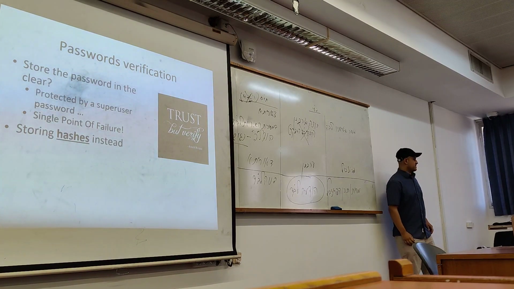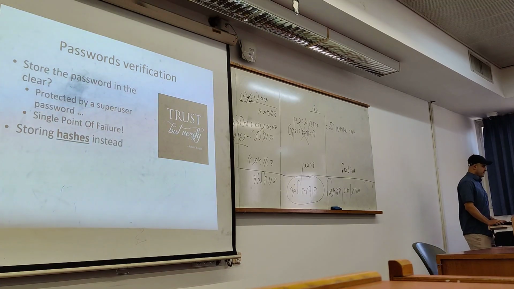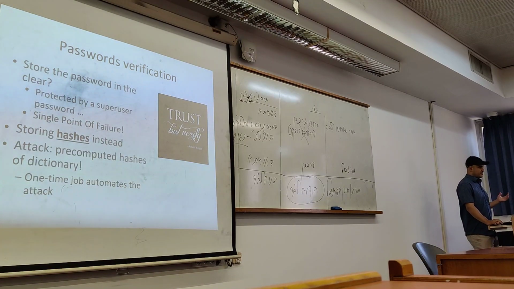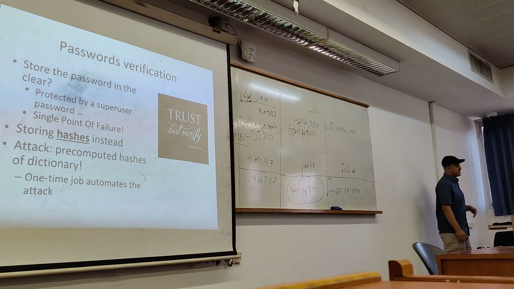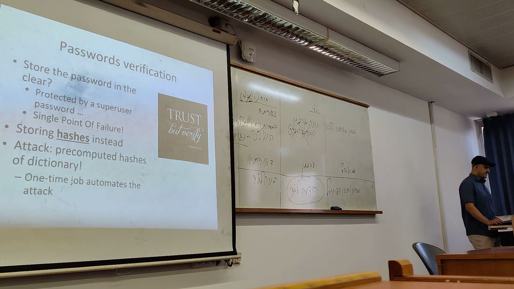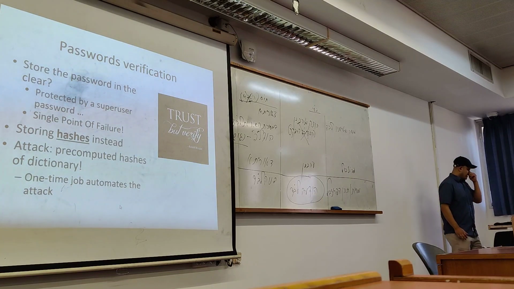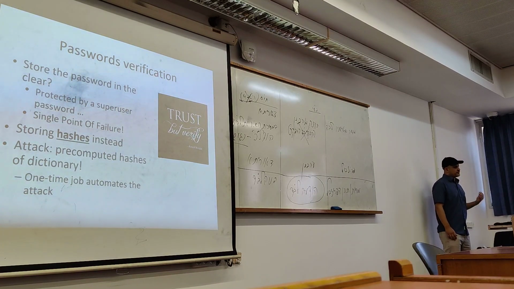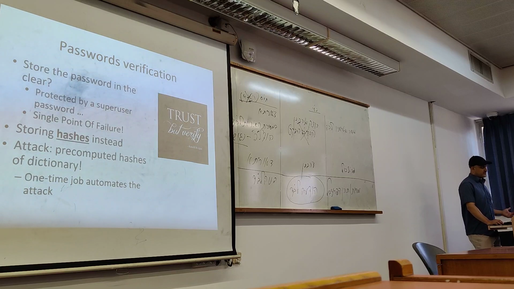Yes, exactly. So that's the idea. In the attack, we can compute all the hashes of a dictionary, store them, compare, and then find the proper password. Of course it's a job and it's going to take time, but it's a one-time job and it's automated, so it's quite easy.